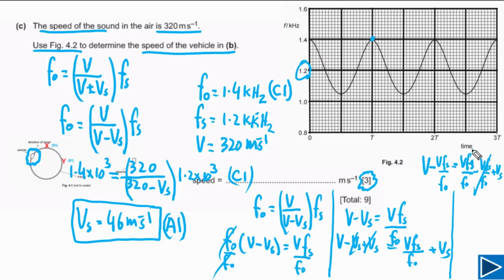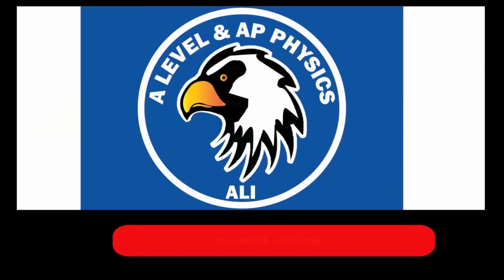Now you can see the negative and positive cancel. So Vs finally will be equal to V, the speed of sound, minus the speed of sound times the frequency of the source, means the frequency of sound produced by the source, divided by the observed frequency. In this formula you can plug in values if you don't know how to calculate from here.